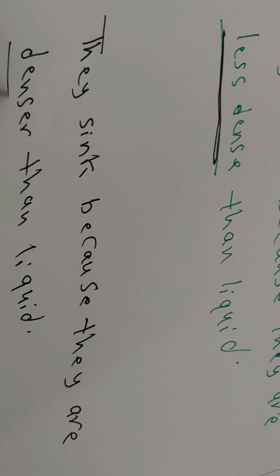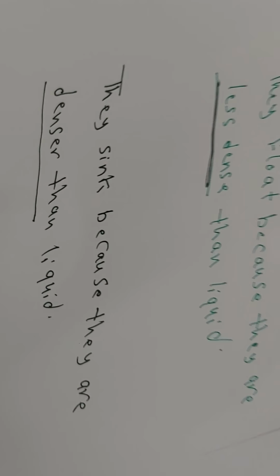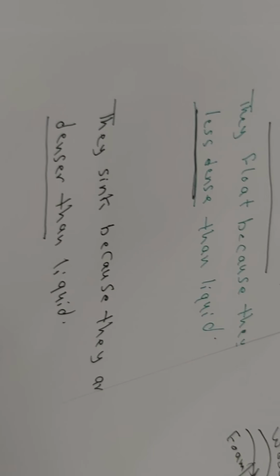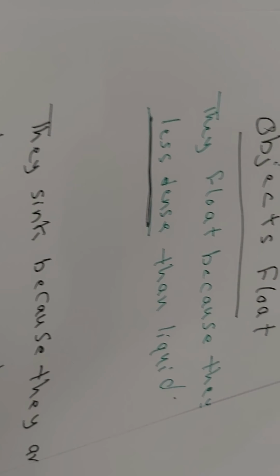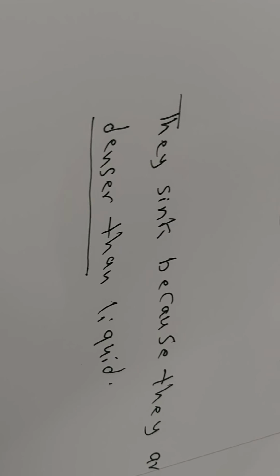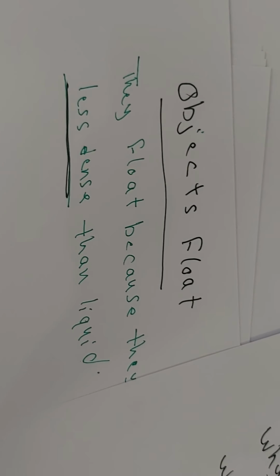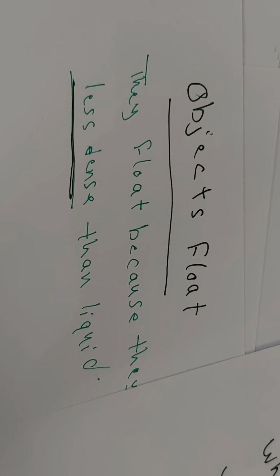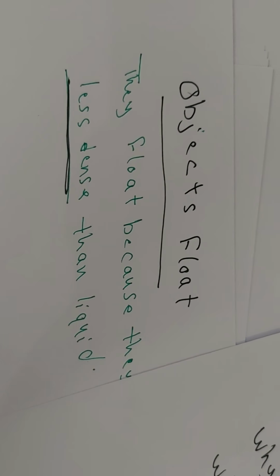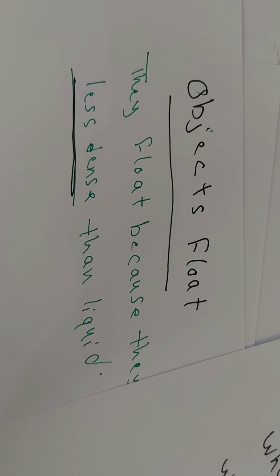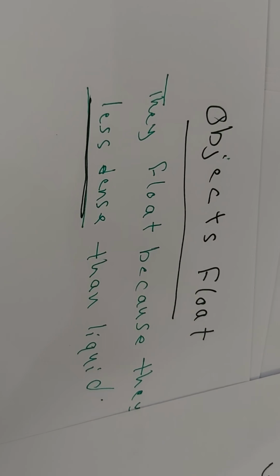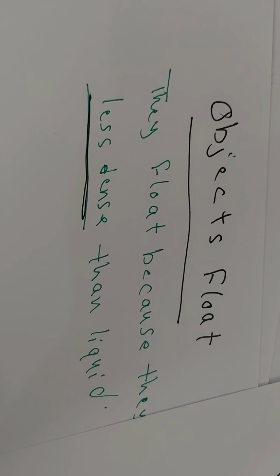If the density is more than the density of water, it will sink. So they float if less dense, they sink if denser. Because the density of wood is less than the density of water, wood floats.